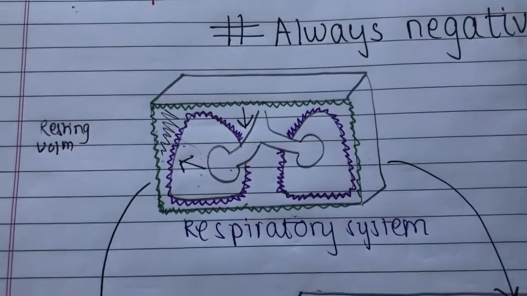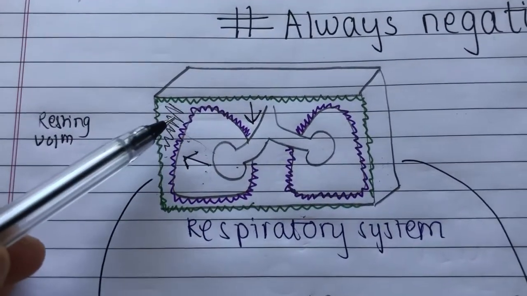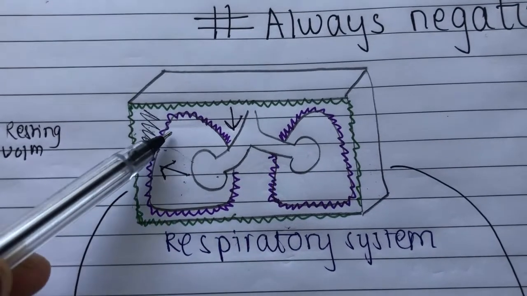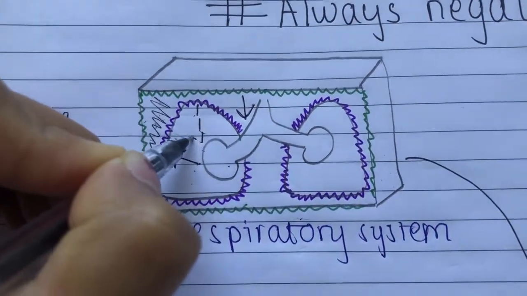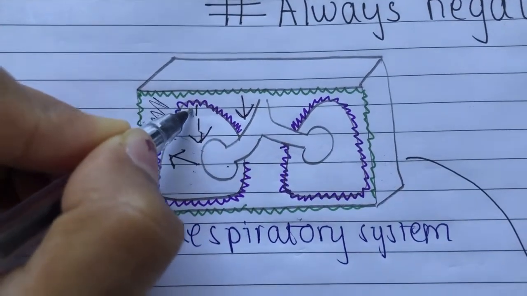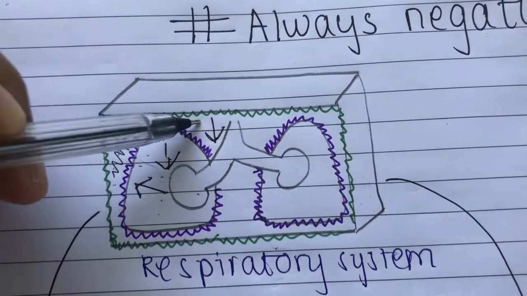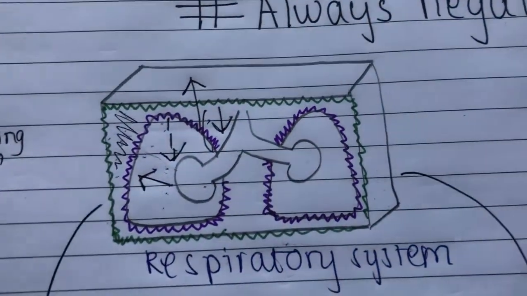Now let's talk about intrapleural pressure and how it develops. As we saw, stickiness develops between these two layers, and lungs have a tendency to collapse inward, right? So lungs are constantly pulled inside and the chest wall has a continuous tendency to pull out, right?